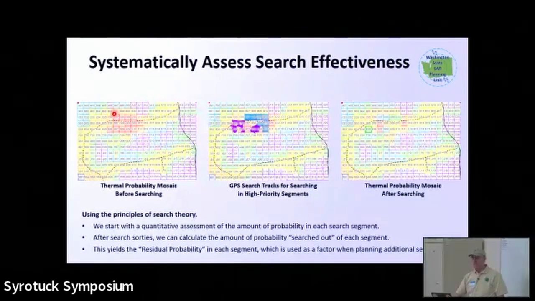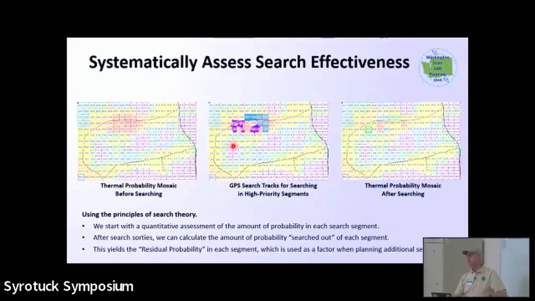On the left is our initial POA probability map. The middle slide, maybe a little hard to see, shows densely packed GPS tracks modeled for searching the heck out of these areas with our ground teams and canines. And then you can see after we compute the residual POA that these areas have cooled down substantially.